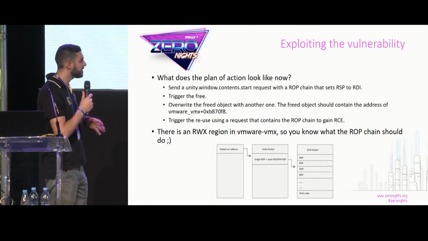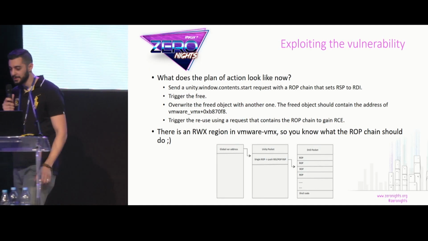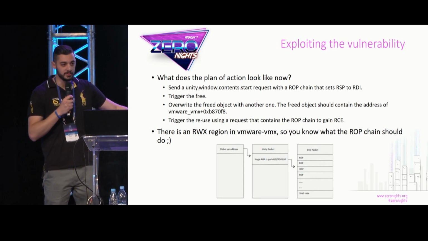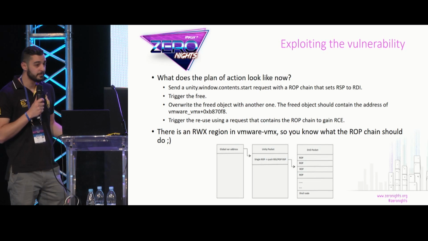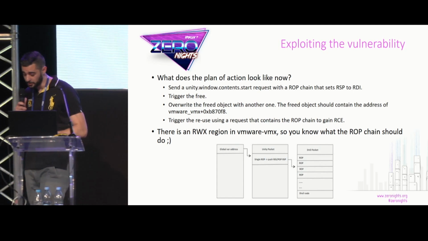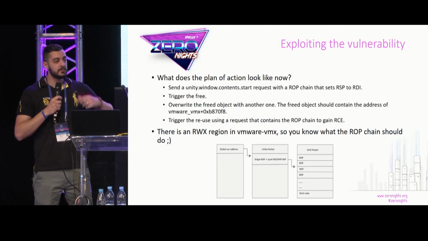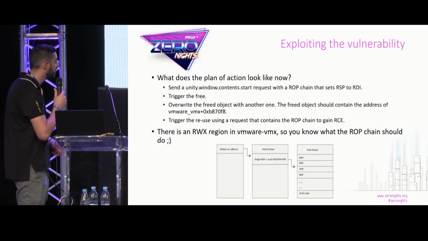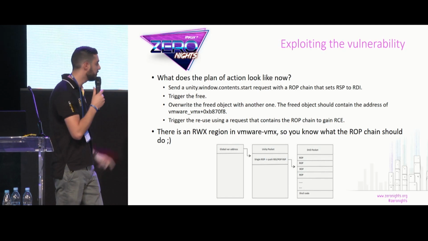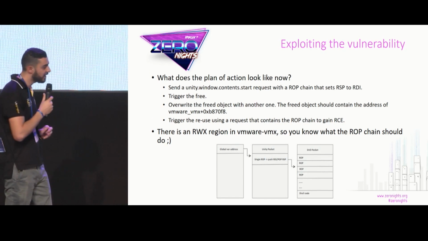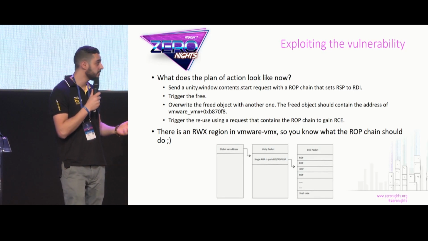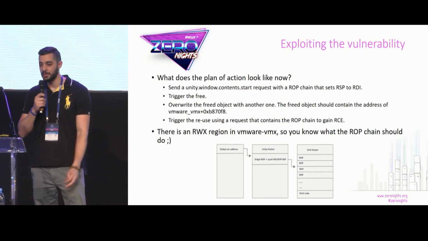All right, so what does it actually look like? Basically, what we have to do is first send a Unity request so that our first ROP chain is stored in a global variable. Then we trigger the free, then we override that object with our arbitrary object, and then trigger the use. So you set your payload in the global variable, which points to a single ROP chain that exchanges RDI with RSP, and then trigger the reuse and have it execute the ROP chain.